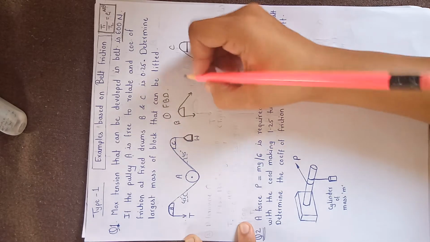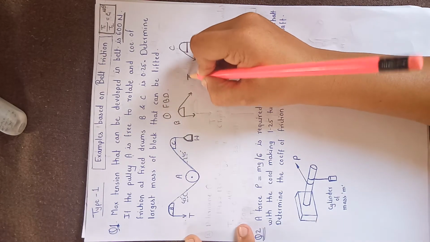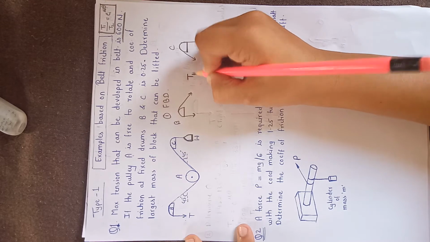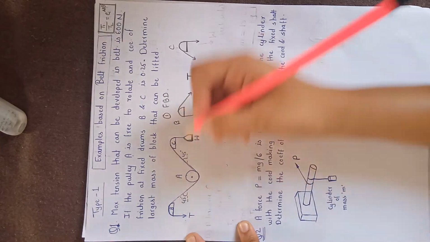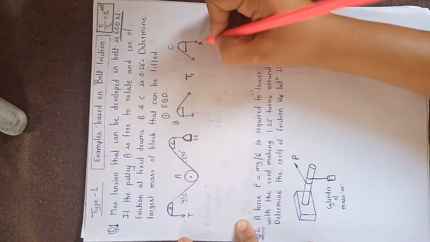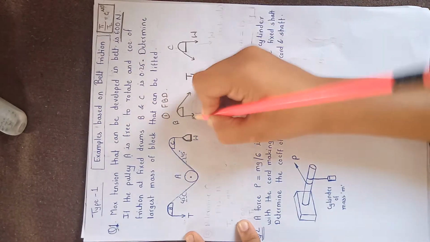At both ends only tension T1, one value of tension will be there because this is free to rotate, and here it is W and T.